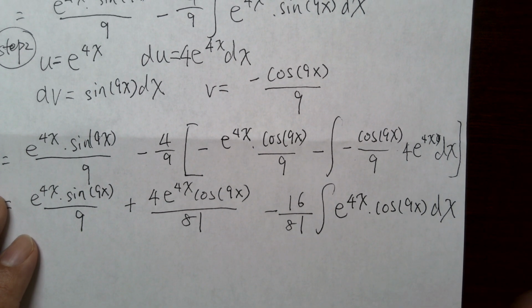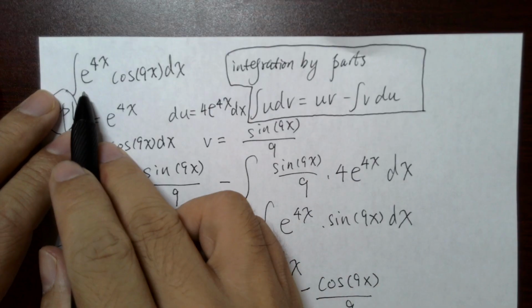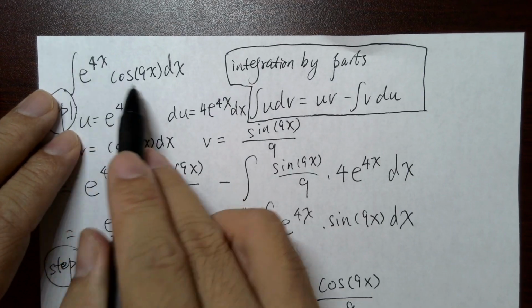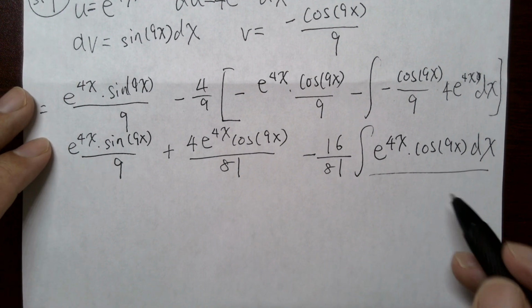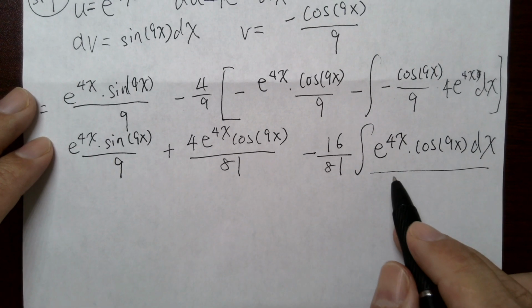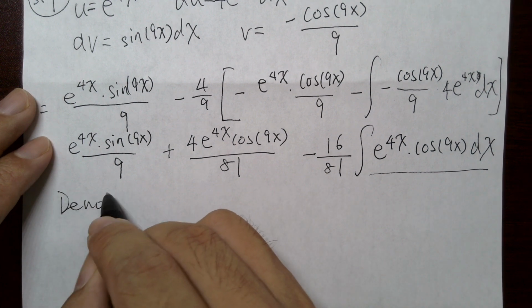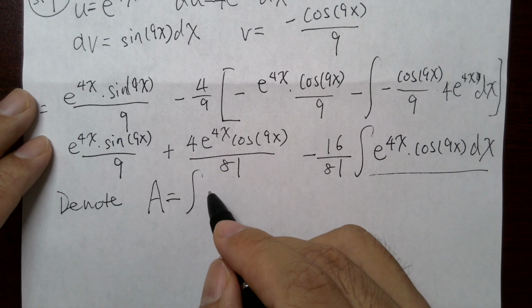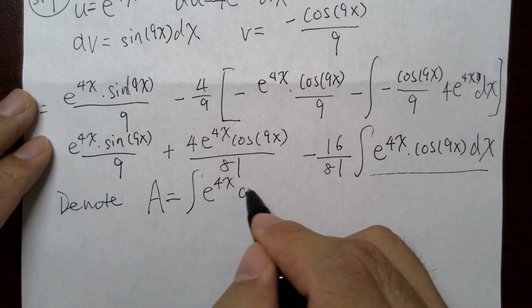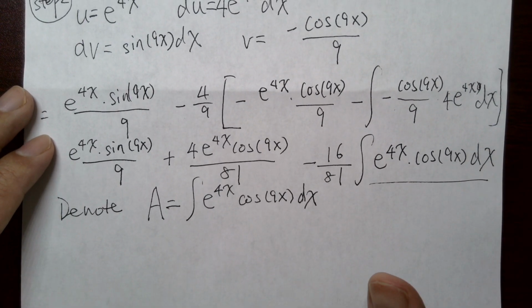Now let's go back to the original integral we're trying to solve. It is e to the power 4x cosine 9x dx, right? Don't you see that it's already here? So if we denote capital A equals the integral of e to the power 4x cosine of 9x dx, this problem becomes an algebraic problem.